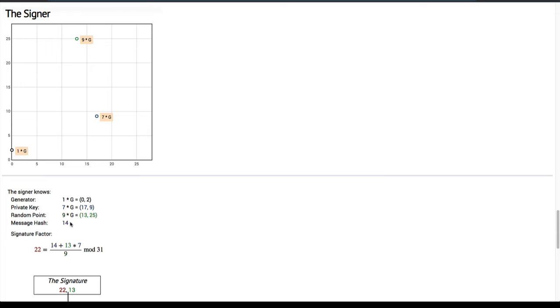I can go with my calculator and calculate things out on this space and get results that I can then check. So the generator, in this particular case, I've picked the generator as 0, 2, which is this little tiny value over here. We've got a private key of 17.9, and we pick another random point out there.